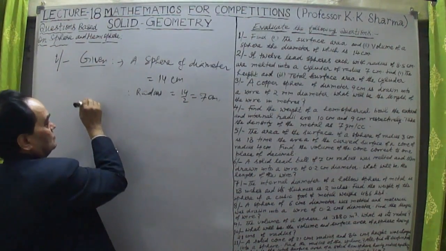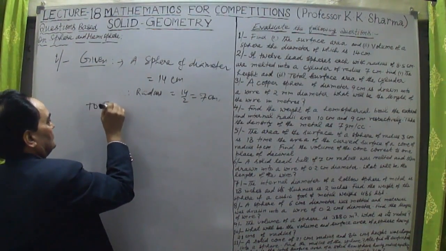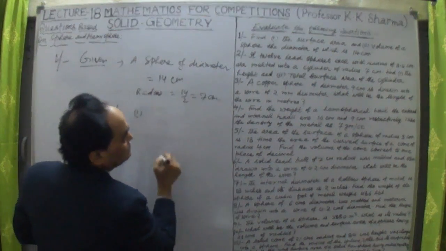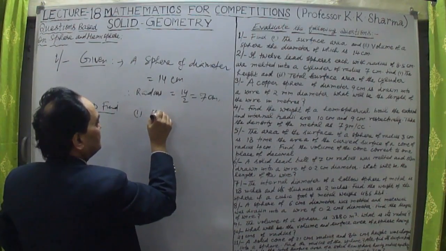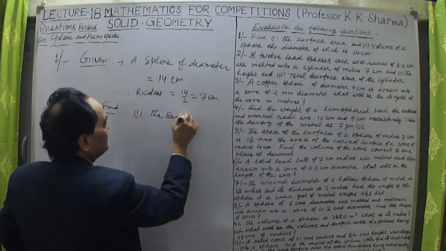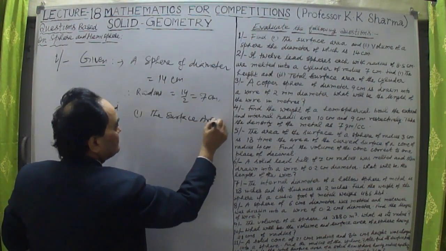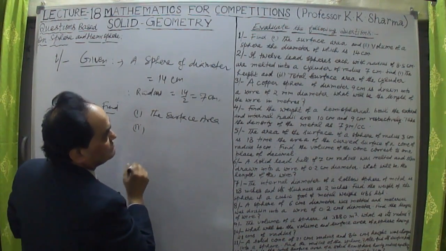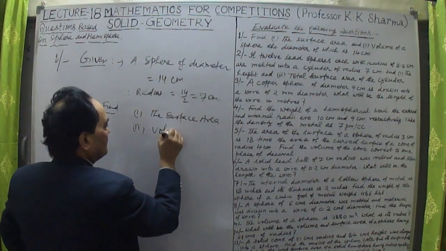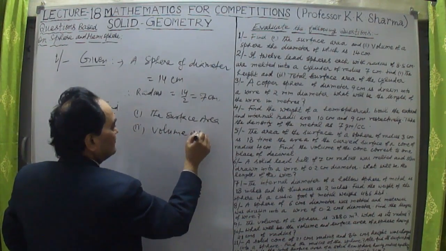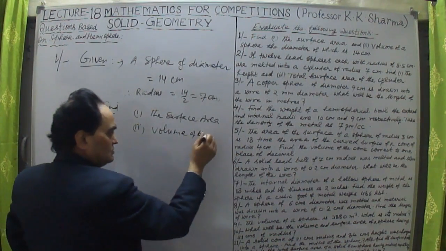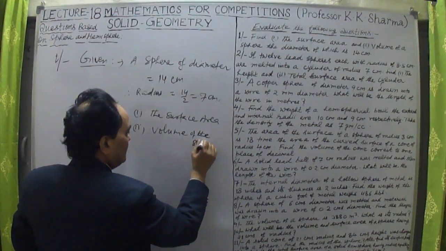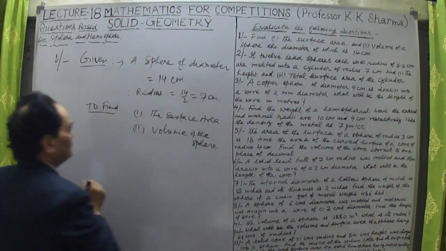There are 2 things which we have to find out. First, the surface area of the sphere. Second, the volume of the sphere. These are the 2 formulae of the sphere which are used here.